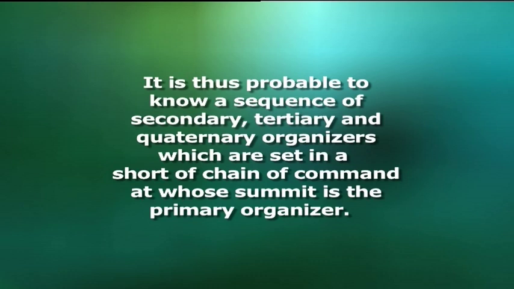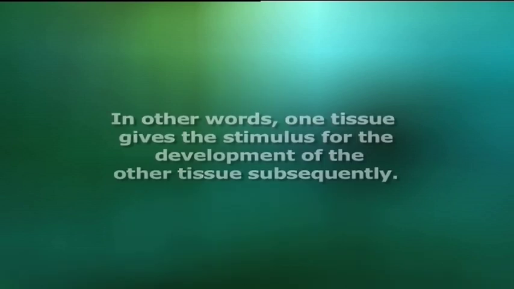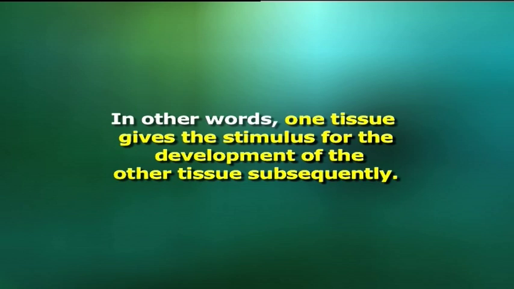It is thus possible to recognize a sequence of secondary, tertiary and quaternary organizers which are set in a sort of chain of command, at whose summit is the primary organizer. These developed tissues then work together with another tissue in rotation and induce it to develop. In other words, one tissue gives the stimulus for the development of the other tissue subsequently.